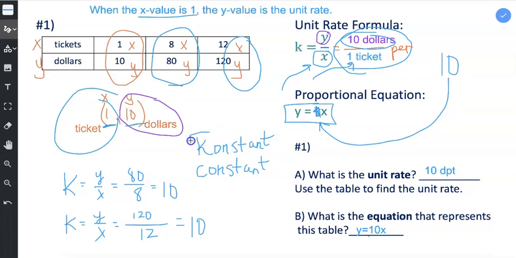So we use the letter k because of the word constant in German. And the idea is that the unit rate is always the same. That's why it's a proportional relationship. And it doesn't matter which point you choose, because you're always going to find the same unit rate, because the unit rate is constant.